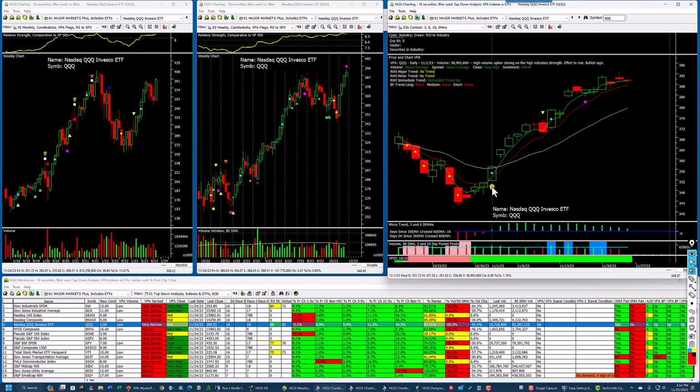But even if the VPA signals were not showing, if you learn to read a VPA or VSA, whatever you want to call it, you could tell immediately. If I turn these off, you could tell immediately, even without the VPA indicators built into HGSI, that this market is on the move. Why? How do I know?